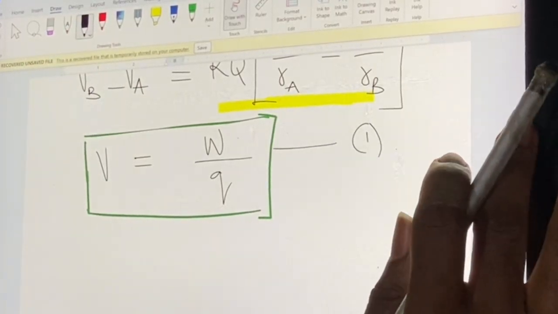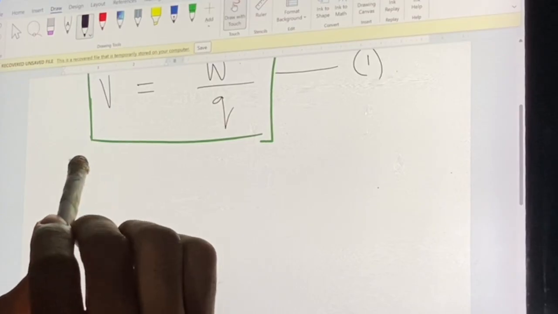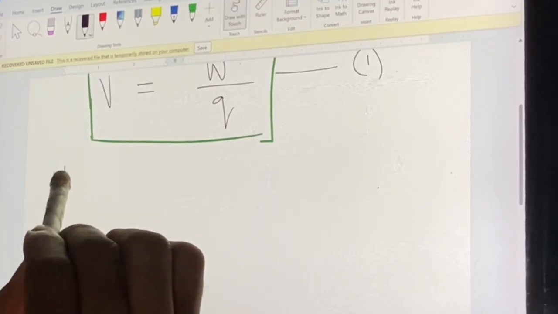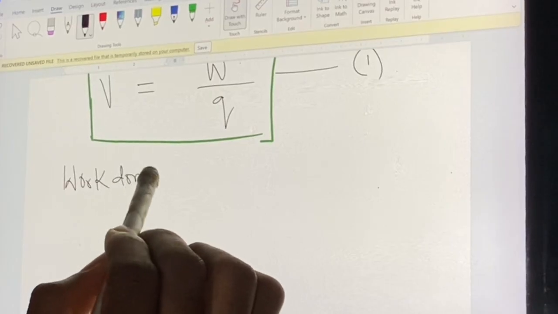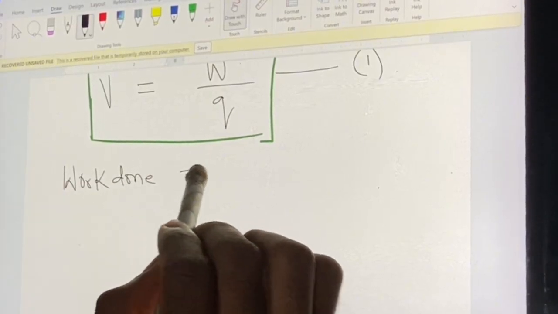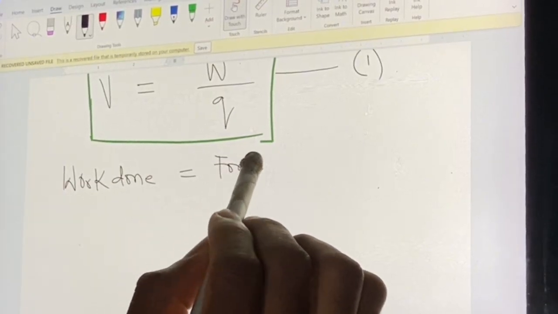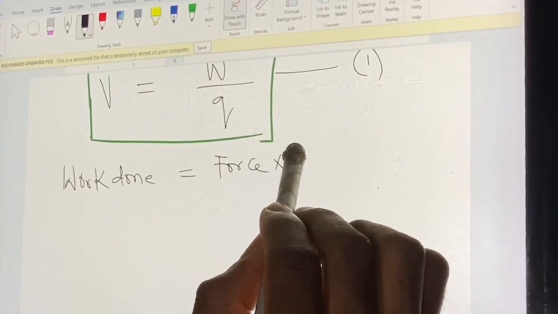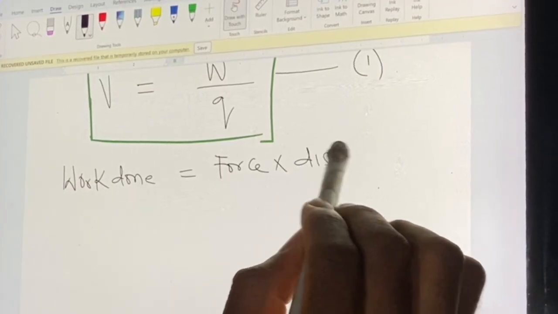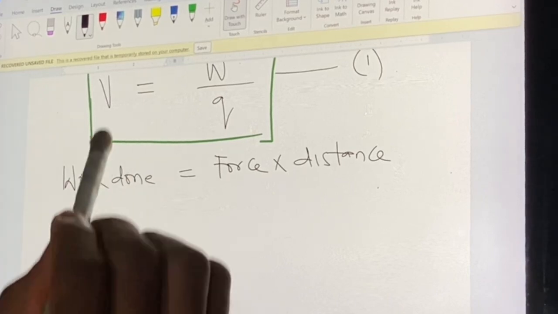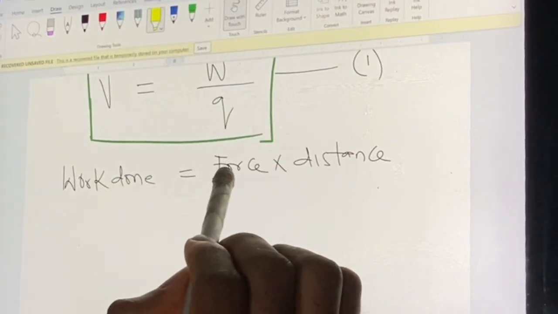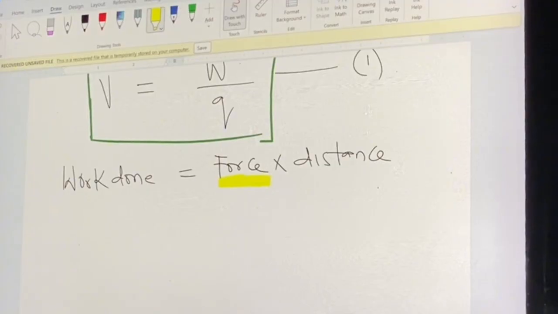From the formula for work done, we say that work done is equal to force times distance, where the force at this point is referred to as electric force.